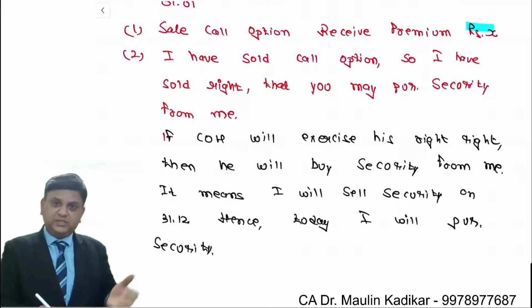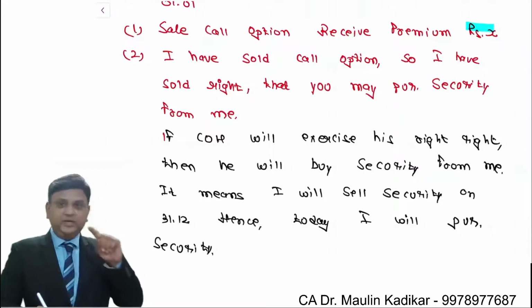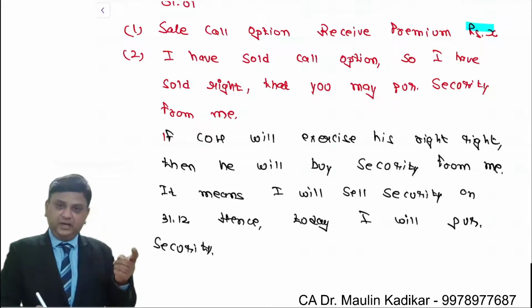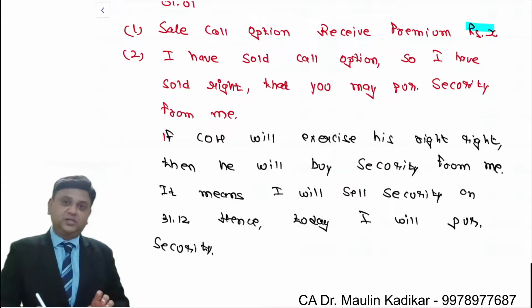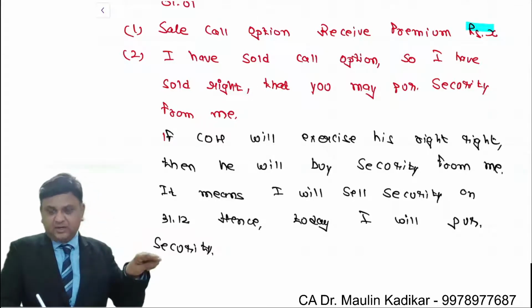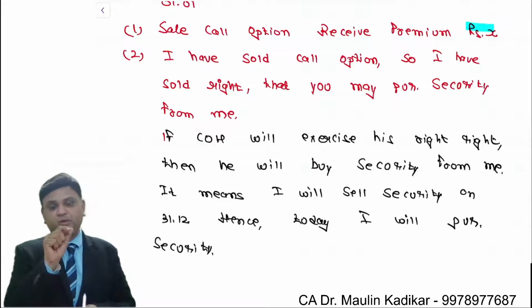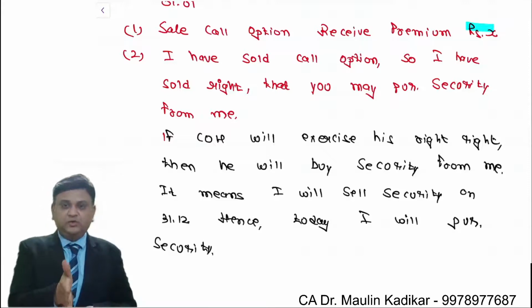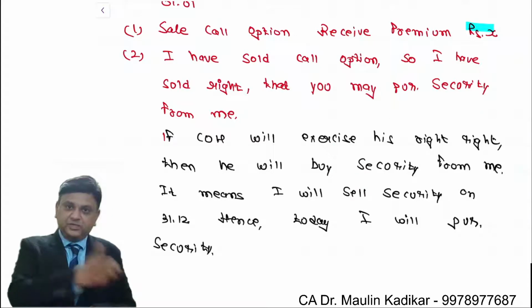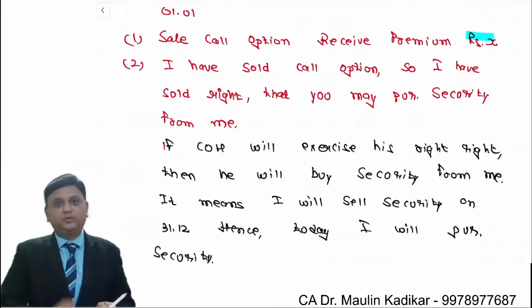When the call option holder purchases a security from me, at that time I will sell security. As I am going to sell security at the end of the year, so today I will buy security. And this is given a name as the replica portfolio. Means whatever you are going to do at the end of the year, reverse of that you will do today, that is given a technical name as the replica portfolio, and this is what you are required to do.